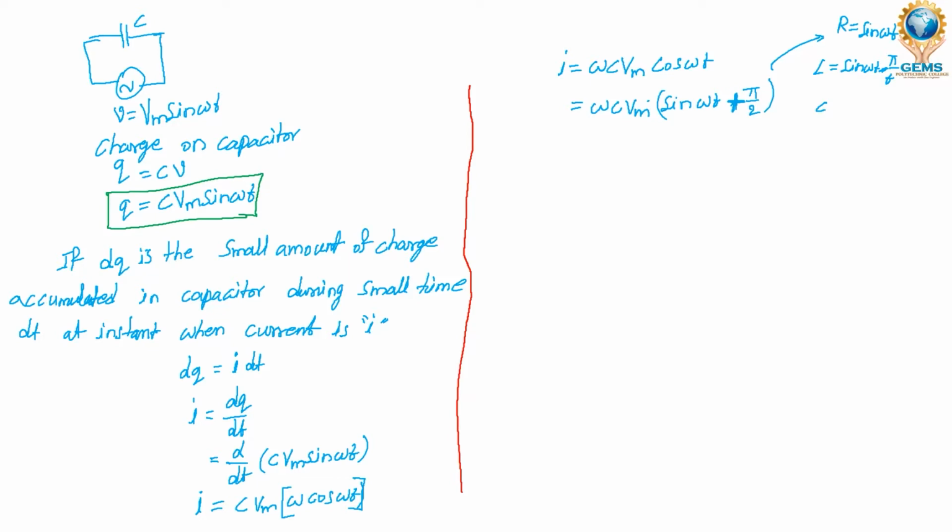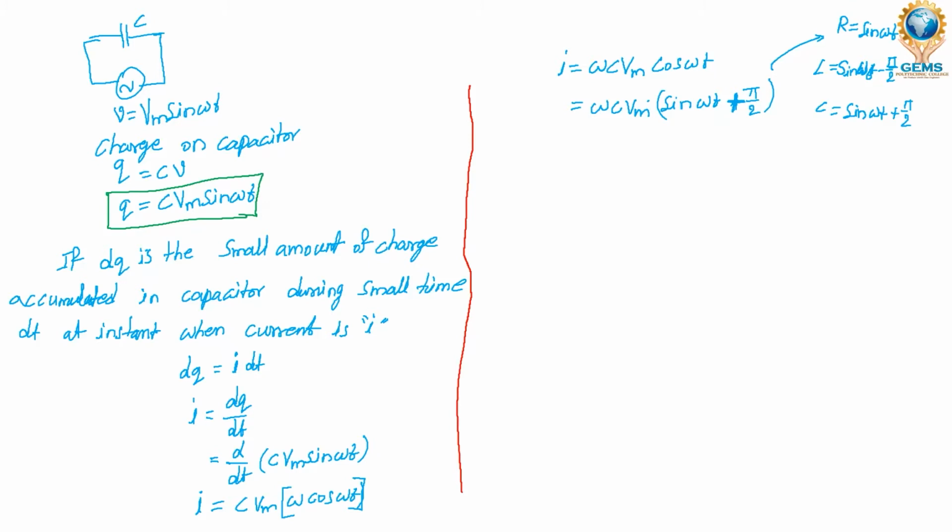In case of capacitor, it is sin omega t plus pi by 2. Here itself you can see there is no phase difference. This is in phase, but here in this the value is different, it is leading with 90 degrees. This is how it is going to differ in resistor, inductor and capacitor.